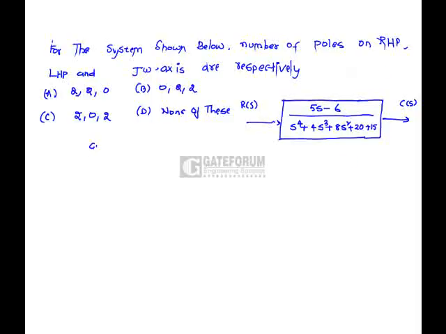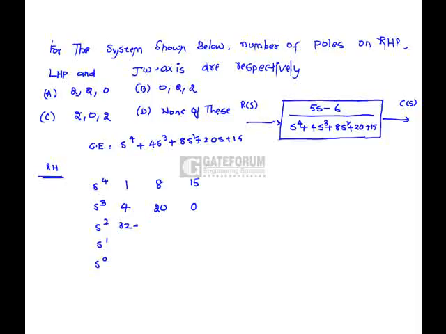So the characteristic equation is s power 4 plus 4s cube plus 8s square plus 20s plus 15. So the RH table is s power 4, s power 3, s square, s1, s0. This is 1, 8, 15. Here 4, 20, 0.